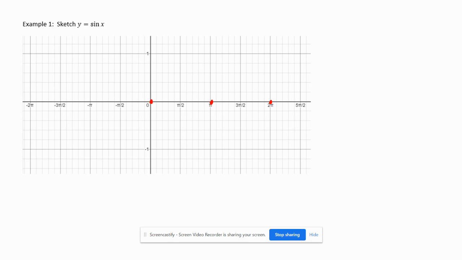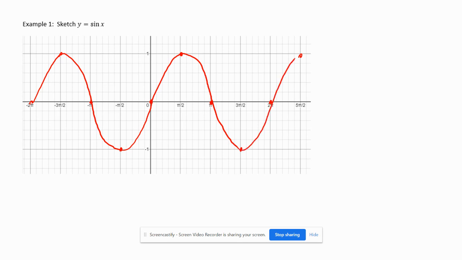Next, we're going to split these two up and put a point here. Split these two in half, put a point down here, and then extend this pattern throughout the graph like this. And this graph is going to look like this guy over here.